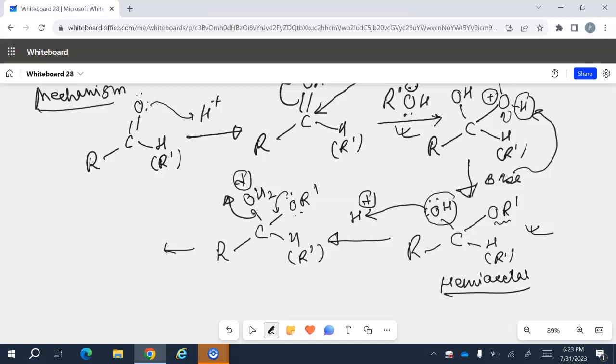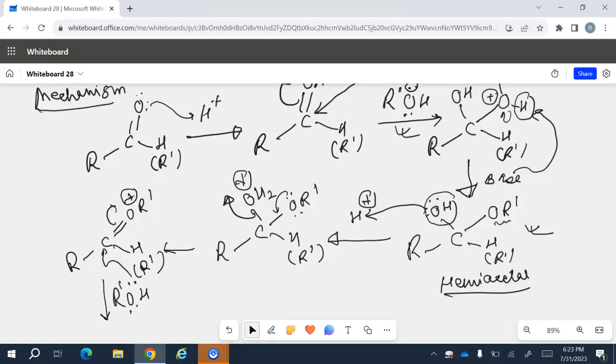Then the result here is RC, and you have a double bond to OR', with the oxygen having plus here, and H or R' depending upon aldehyde or ketone. Now here you have the OR' with the plus charge, then a second molecule of alcohol, say R'OH, will be able to attack this carbon, so that the plus charge will be neutralized.